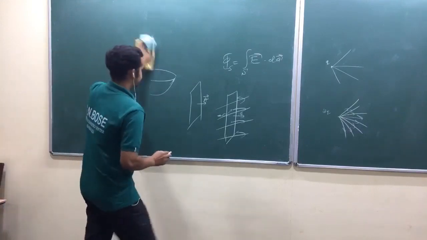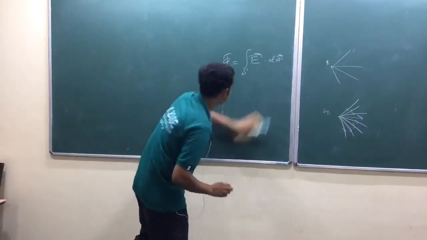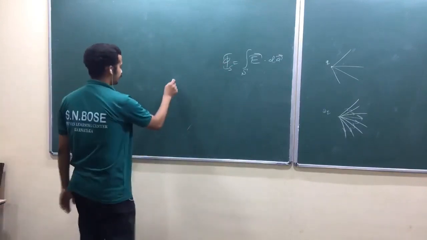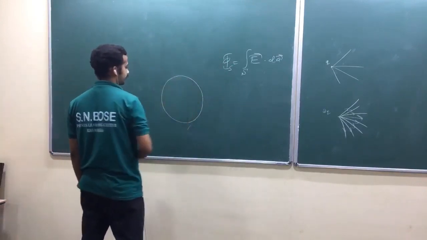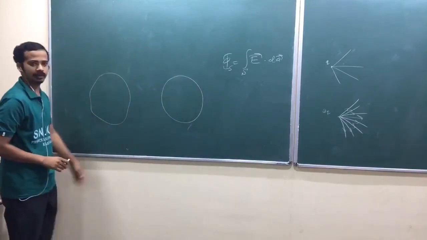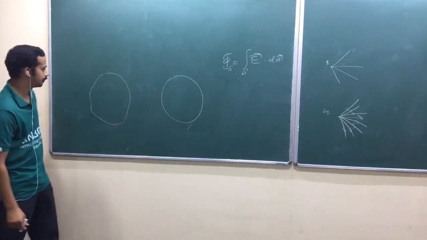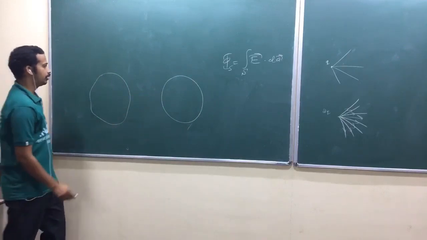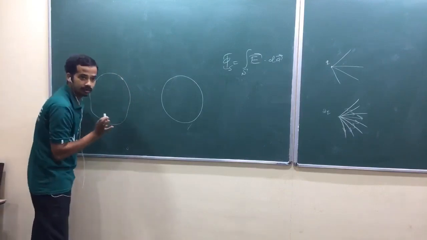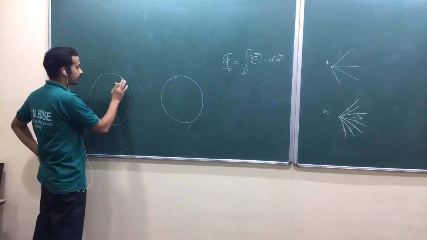Look at here. But if I have a closed surface, I don't have to take a sphere, isn't it? So it is very conventional again. We don't have logic over it.